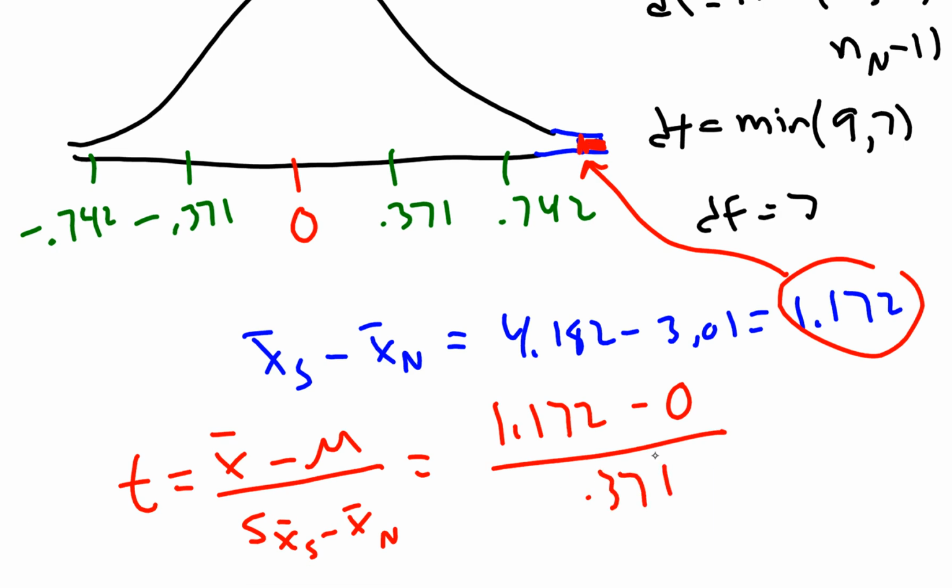So we actually end up being quite a few standard deviations away. If we take a minute to type this in, we get that we're a little over 3 standard deviations away. Okay, so what I'd like to do now is take this t-score and turn it into an area, and then we'll have our p-value. So to do that, we know our t-score is 3.15.